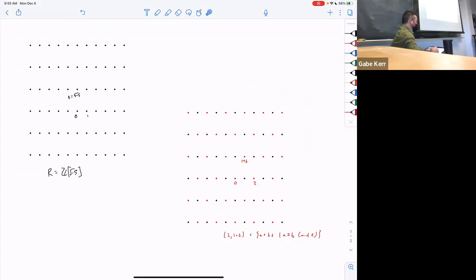You can see it's not a square or a rectangular lattice. So why would we go to this one particular example?